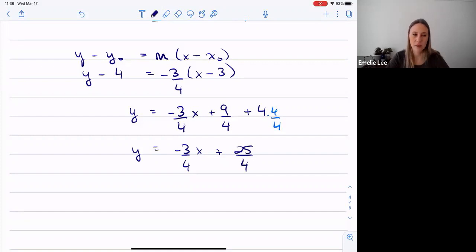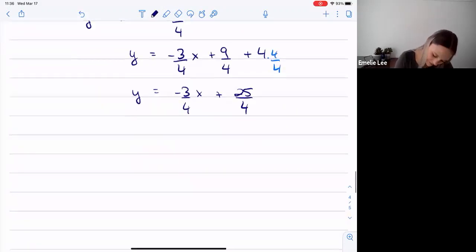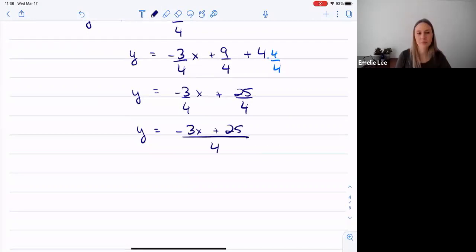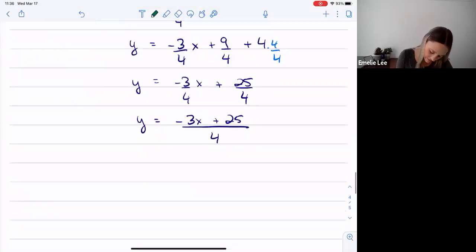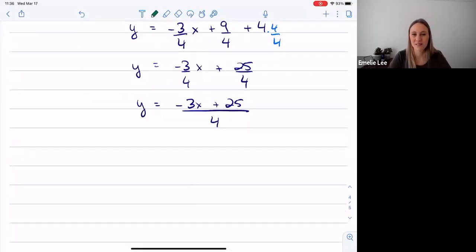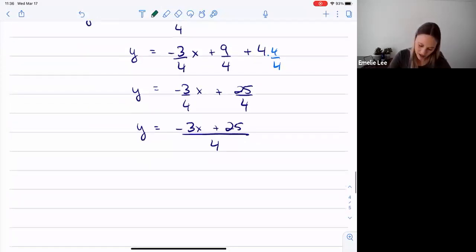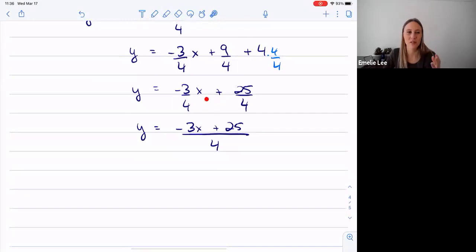Now, because I have a common denominator, I can put them all over 4 and rewrite as (-3x plus 25)/4. I would say that this is plenty. In fact, I personally probably would have stopped here. As soon as I have it in the form y equals mx plus b, that's enough.